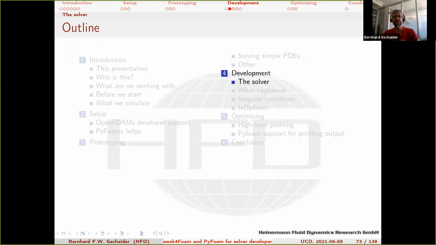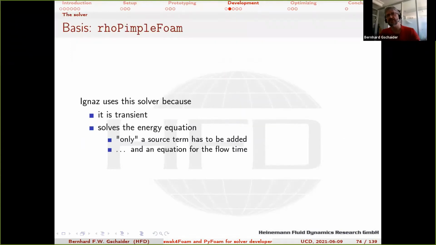Okay, so now we get to the real interesting stuff. Now Ignaz has seen that the time equation in theory works, and now he starts implementing his own solver. He takes rhoPimpleFoam as the basis. It's a good idea, if you want to develop your own solver, to look at the solvers that OpenFOAM already has and extend an existing solver.